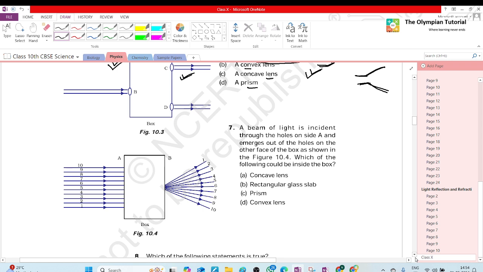One second. Students, actually they are asking about inside the box. So inside the box, firstly all rays are converging at a point. Are you getting my point? Yes, ma'am.